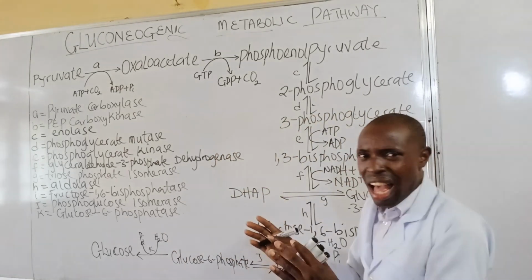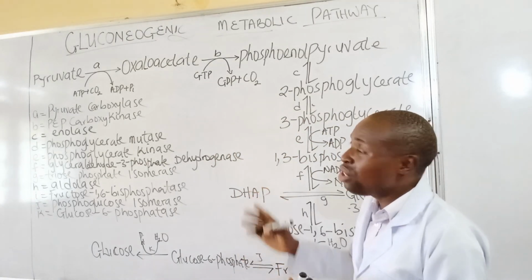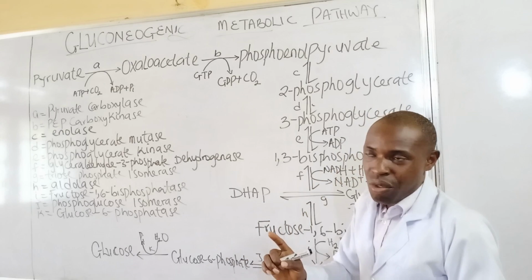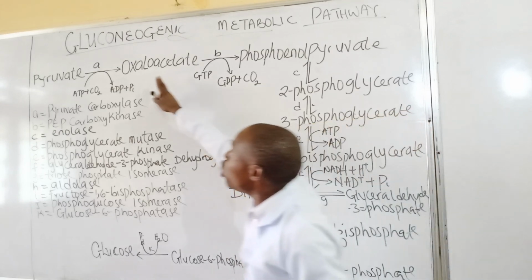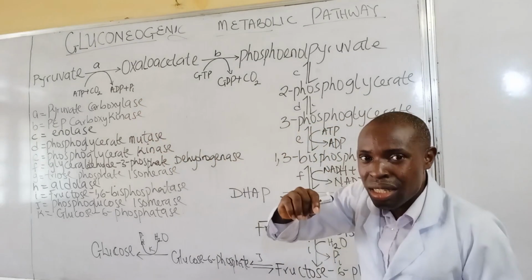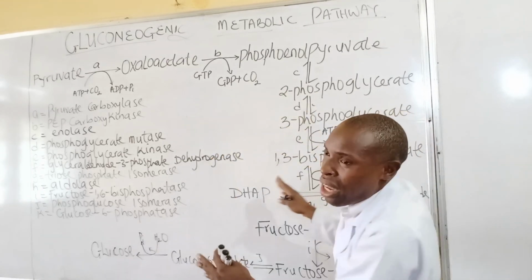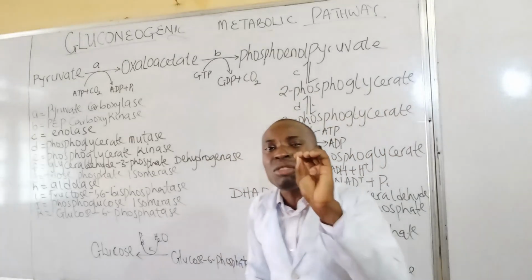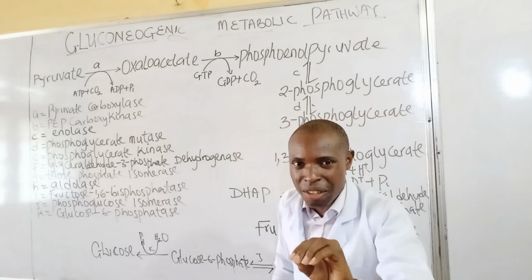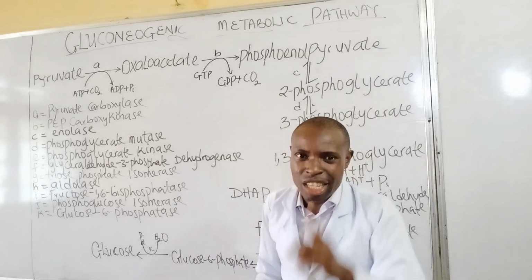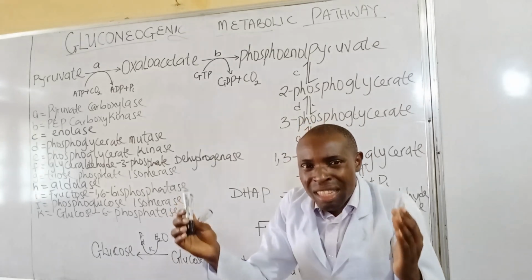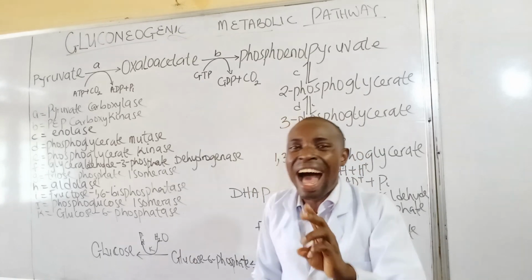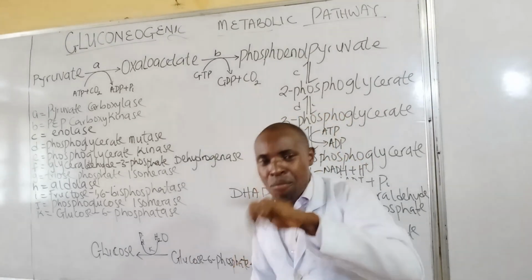Gluconeogenesis and glycolysis are similar in the sense that they share 7 enzymes. The difference in their pathways is that the 3 irreversible steps in glycolysis are bypassed in gluconeogenesis, and the irreversible steps in gluconeogenesis are four steps controlled by enzymes.